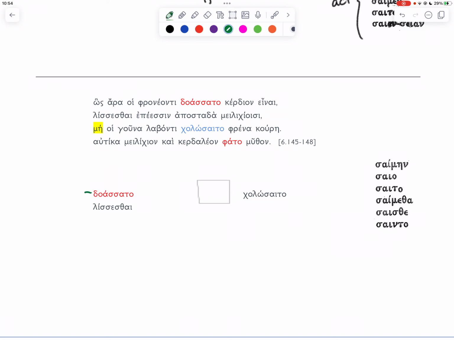Okay, what's the main verb then? Dokasata. It seemed to be better to do what? Lusesthai, to beg. I know esthai is my infinitive ending. It seemed better to beg. And now I'm going to use my introductory word, which is going to tell me I need an optative coming up.